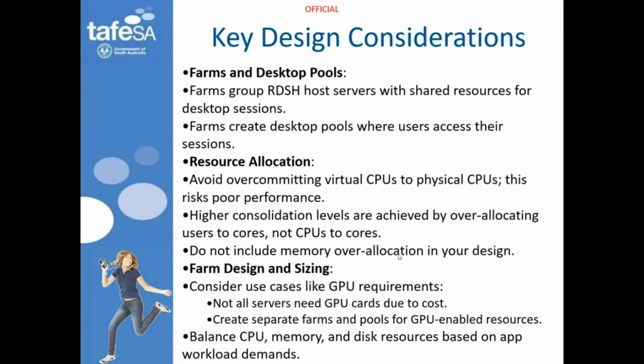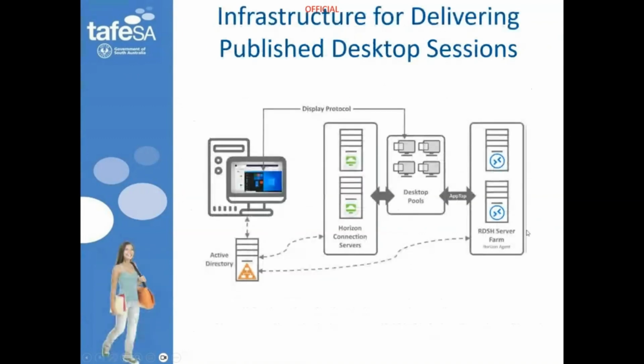What about resource allocation? Avoid overcommitting virtual CPUs to physical CPUs. This risks poor performance. By the way, you'll notice that this server farm could be physical servers, or they could be virtualized on your virtualization environment, just like any other server.